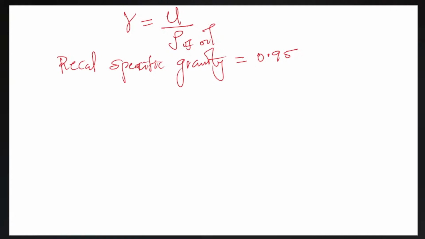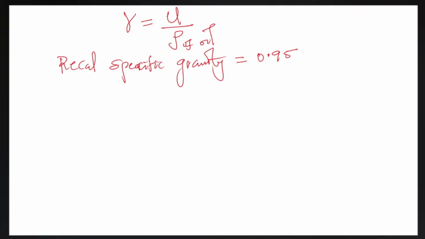1.234 times 10 raised to the power of minus 6 meter square per second multiplied by strokes, divided by 10 raised to the power of minus 4 meter square per second, right?